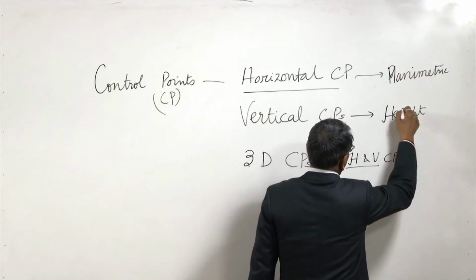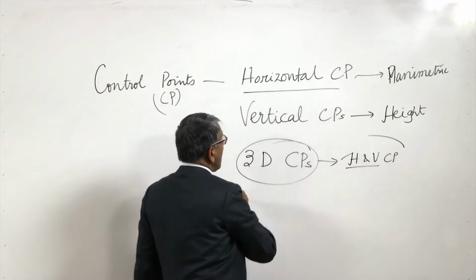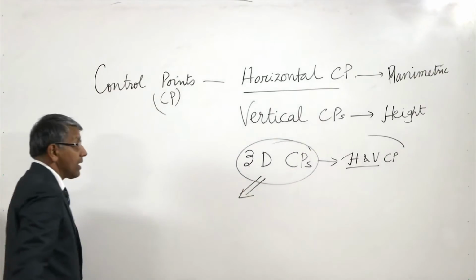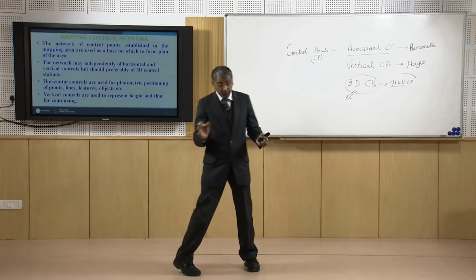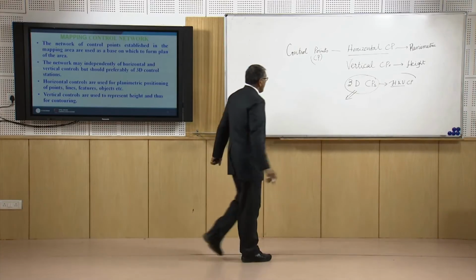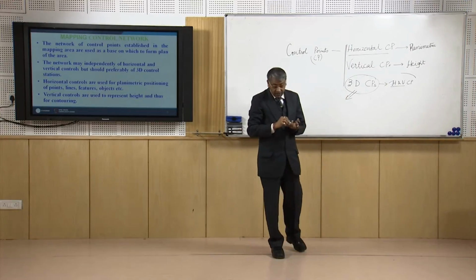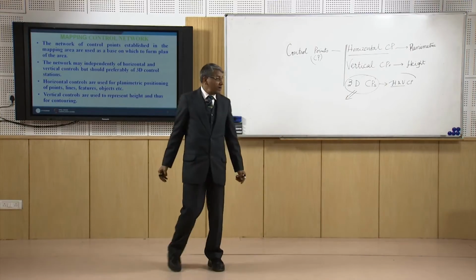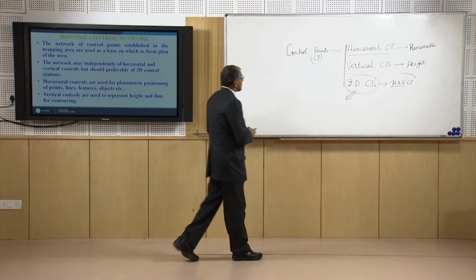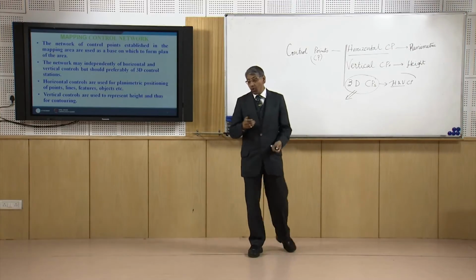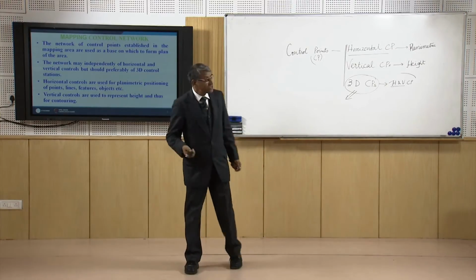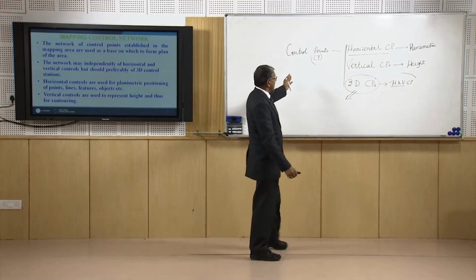When we have the 3D control point, these control points may be used both for planimetric positioning as well as height. Now these control points are very important in surveying, already we have learned it. It is also very important for mapping purposes, because the whole of the mapping starts from these control points.